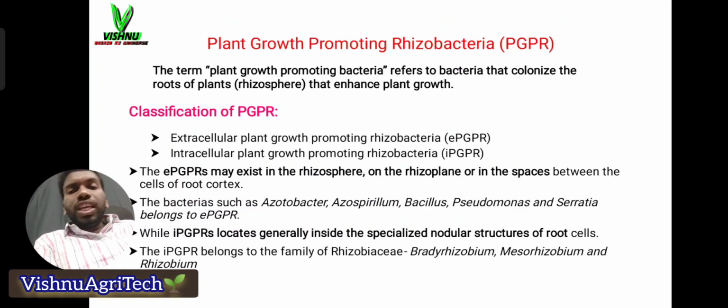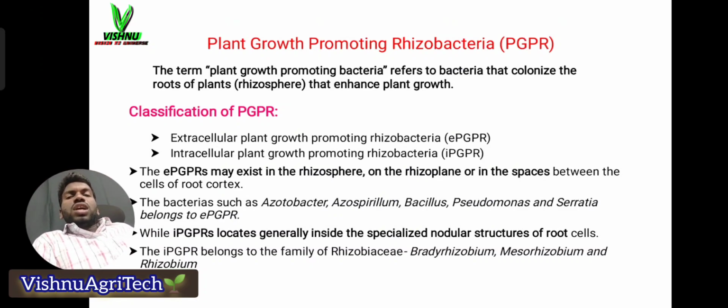The EPGPRs may exist in the rhizosphere, on the rhizoplane, or in the spaces between the cells of the root cortex. Bacteria such as Azotobacter, Azospirillum, Bacillus and Pseudomonas are PGPRs.